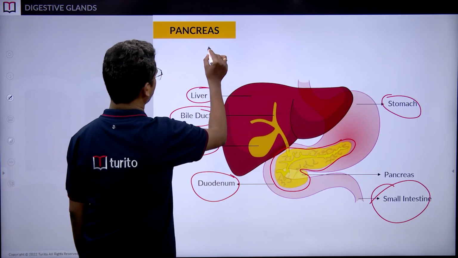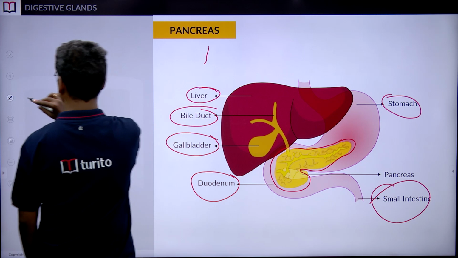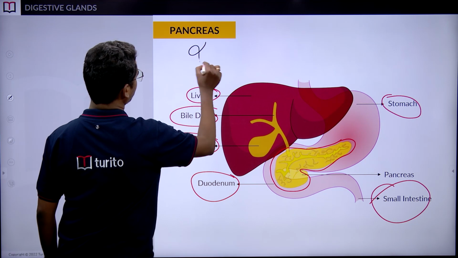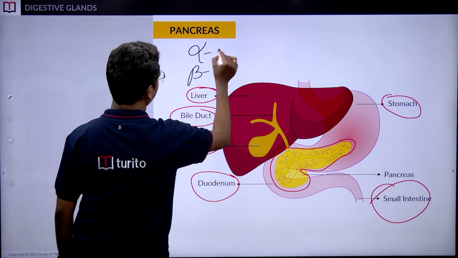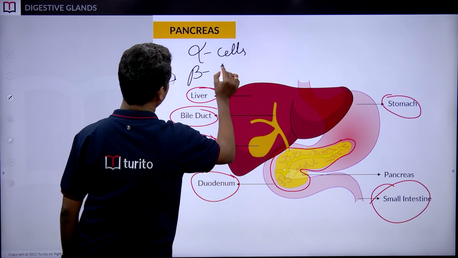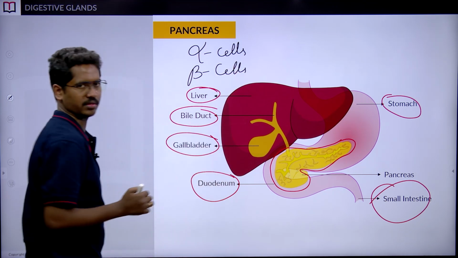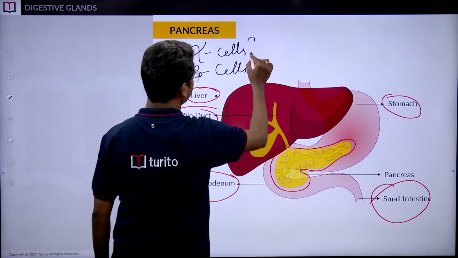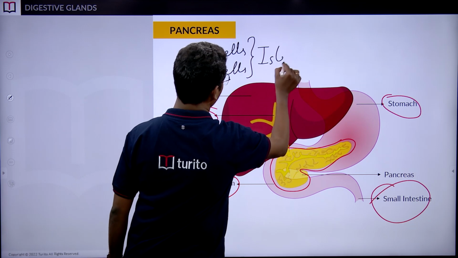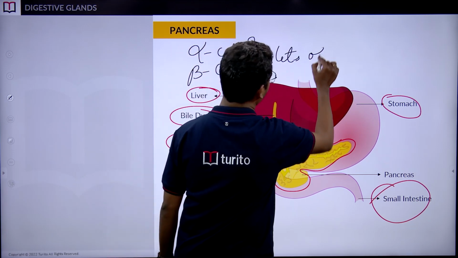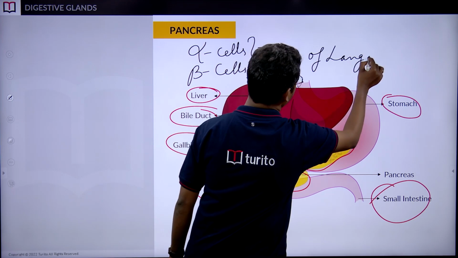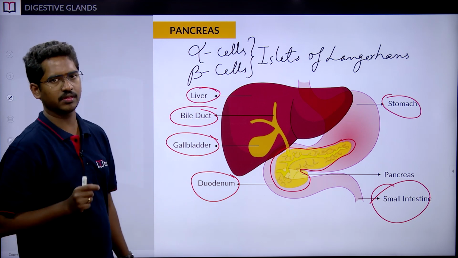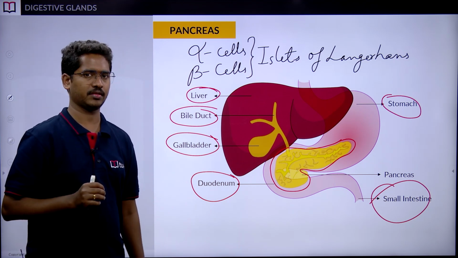By the way, those cells I was referring to, the alpha cells and beta cells released by the pancreas, are collectively known as islets of Langerhans.